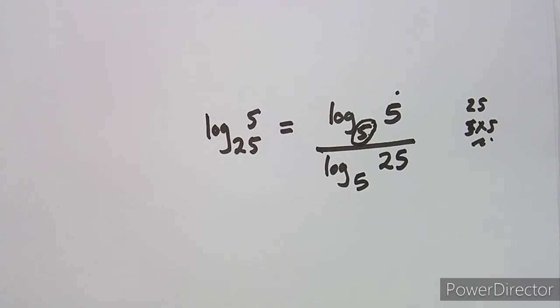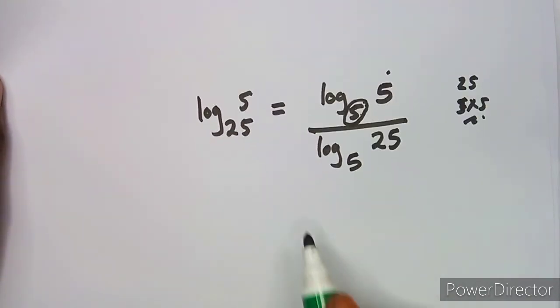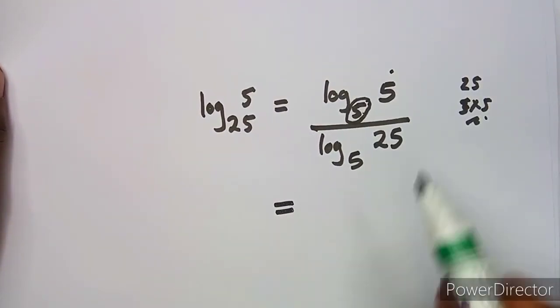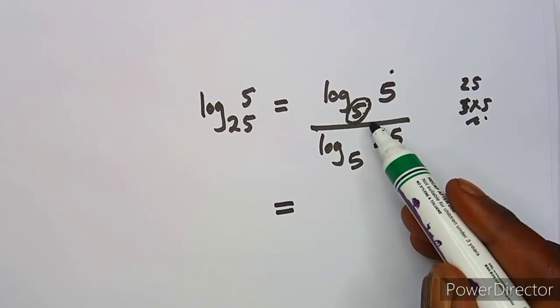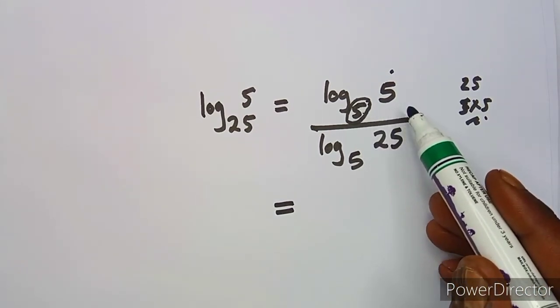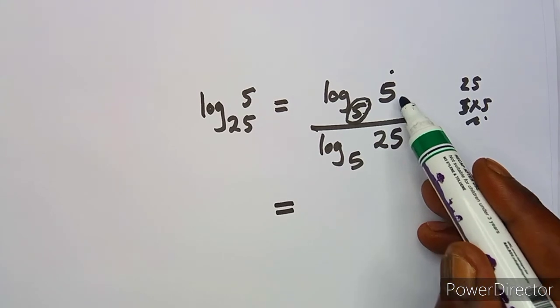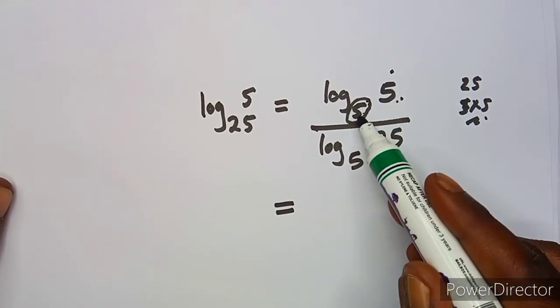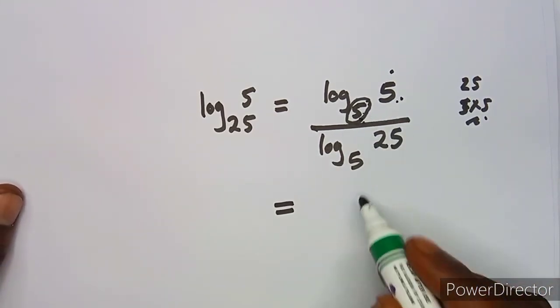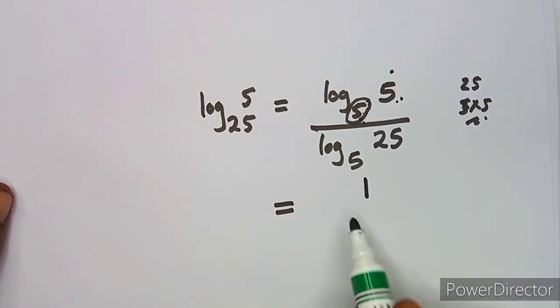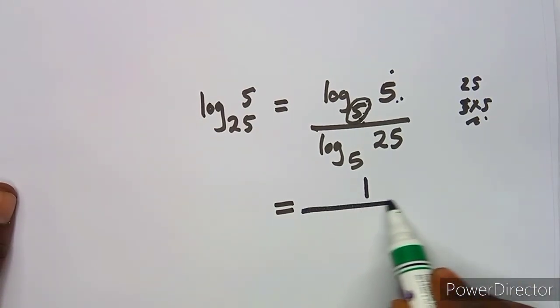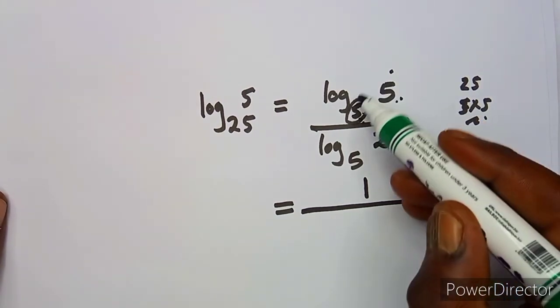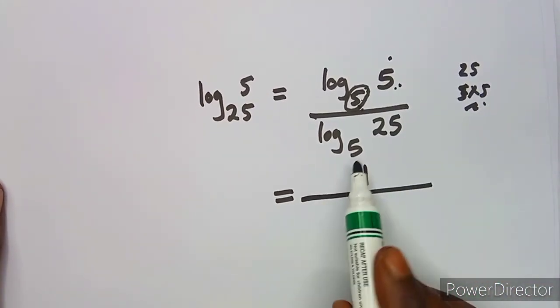All right, now let's move on. We are going to rewrite this. Remember, we said from our basic logarithm rules, the logarithm of a number when it is the same as the base, log 5 in base 5, is going to give us a 1. But this time it's over, because it's on top. So it's 1 over.